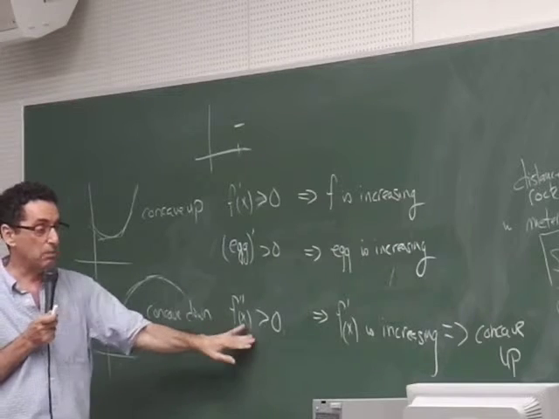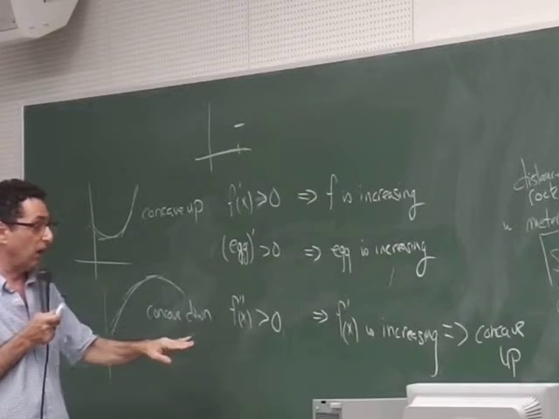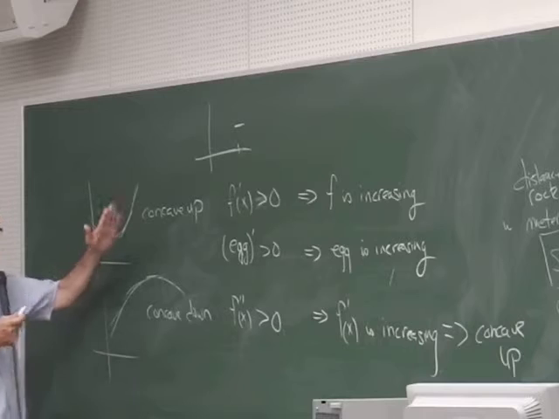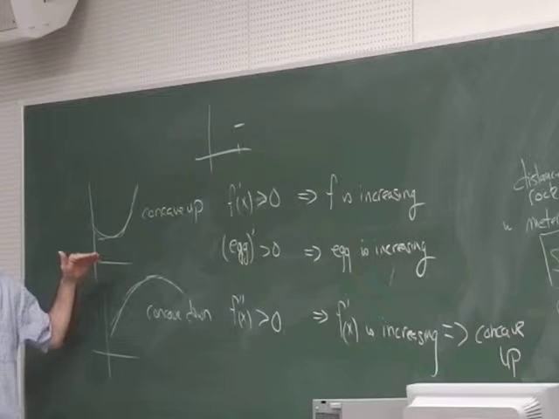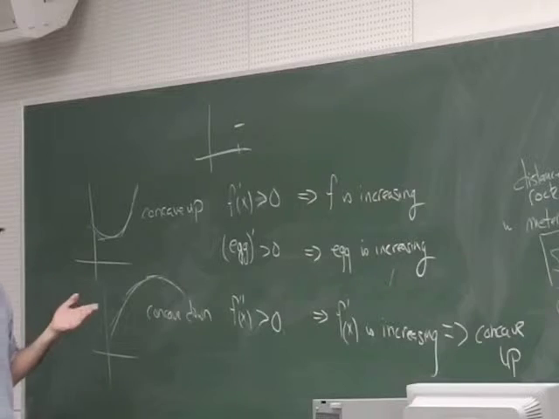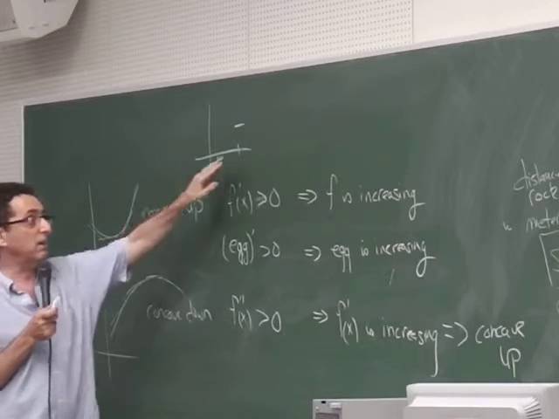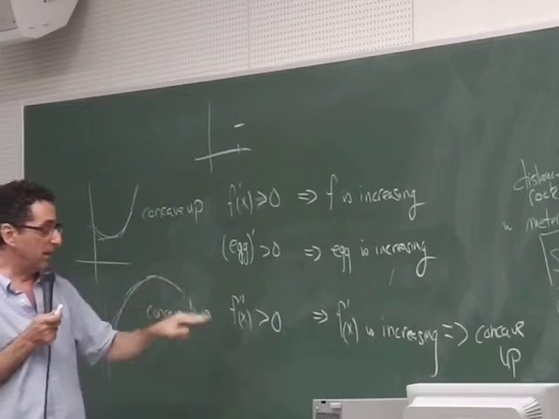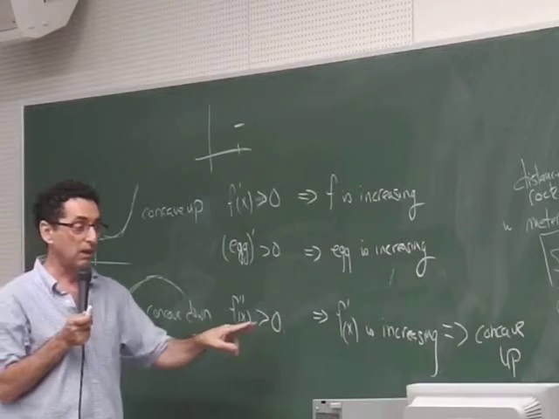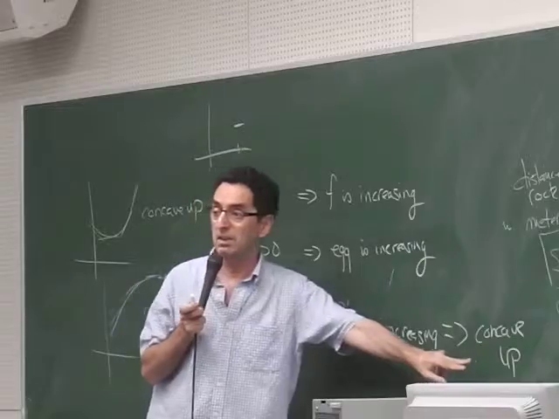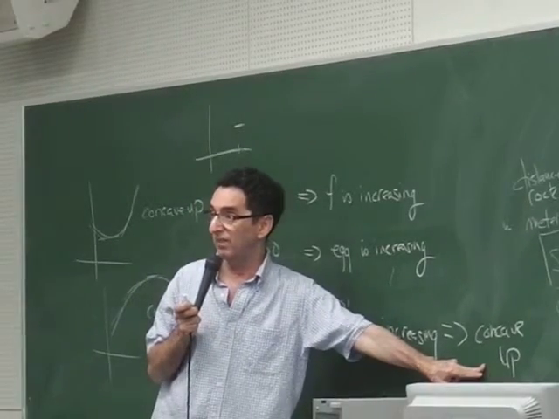If the second derivative is positive, we know it's concave up, we know it has this shape, therefore it's a relative minimum. On the other hand, if we find that it's flat here, but the second derivative is negative, then it's going to be concave down.